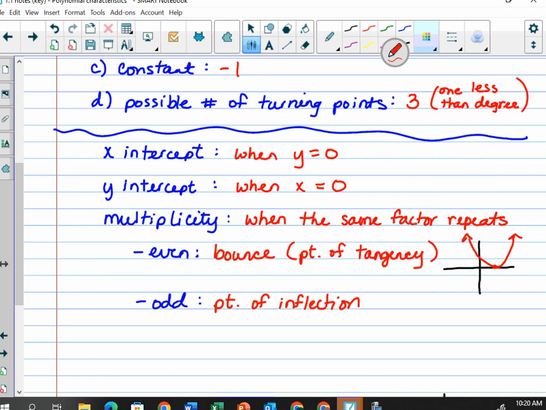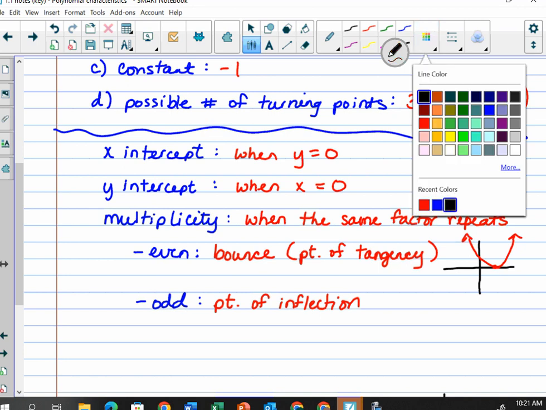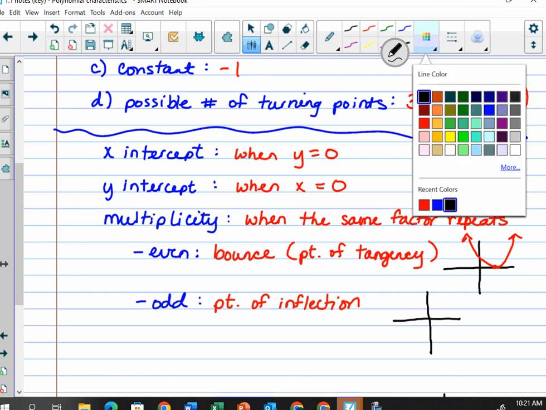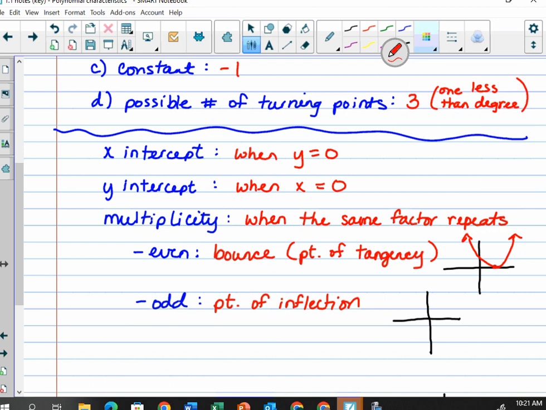Like the squiggle graph. Right in the center there, that's a point of inflection. It's where it changes from concave down to concave up. So that's what a point of inflection looks like. Sketch form. So it doesn't just cross your x-axis with a nice straight line. There's that little curve to it in the middle there.